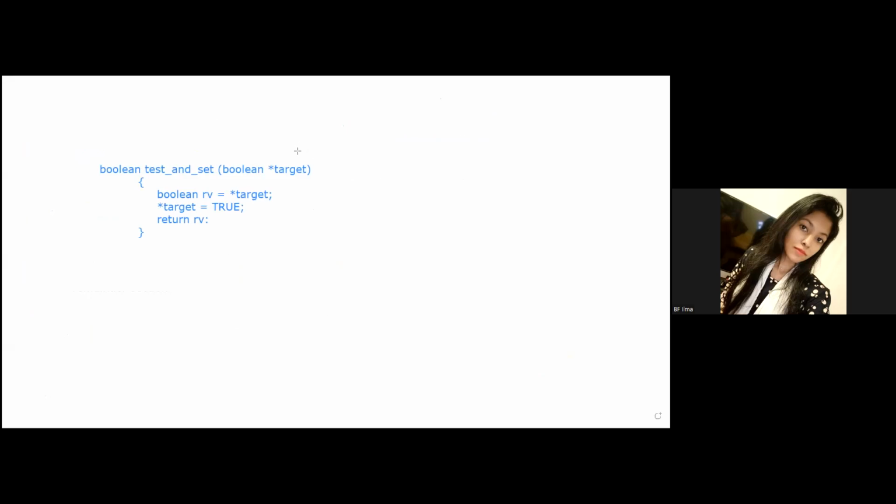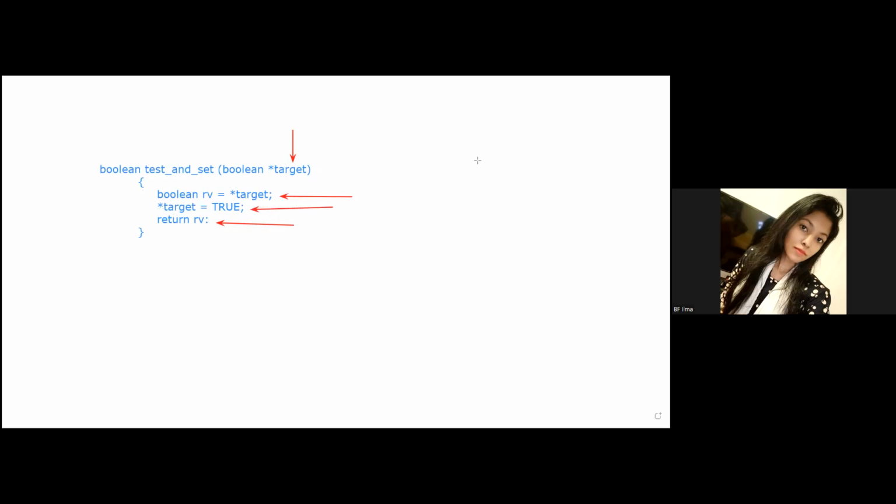When you send a value target to this method, it stores that in a Boolean, and then it returns that Boolean. So whatever you send to this target, as the value of this target, it will return that. If you send true, this will return true. If you send false, this will return false. However, it also changes the value of the target.